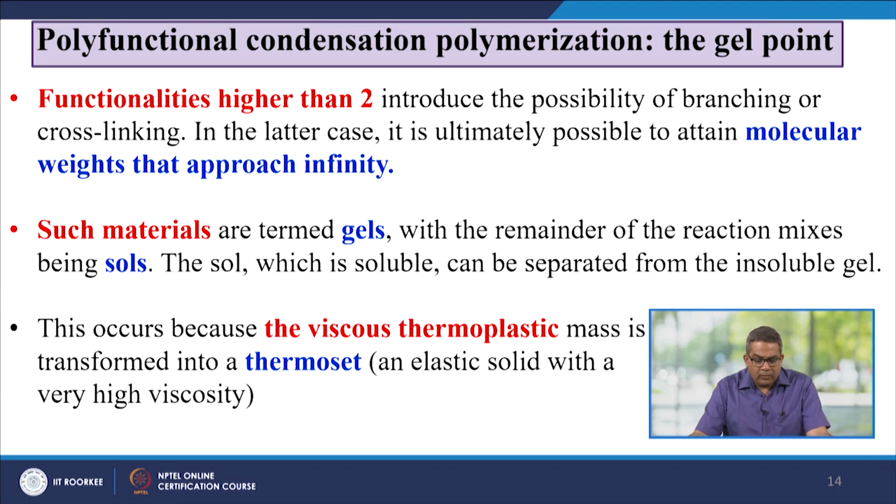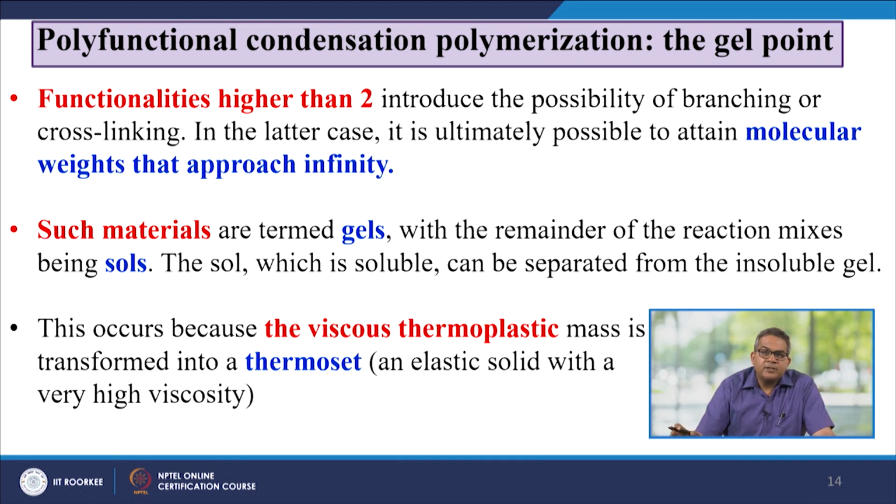Now, when we talk about the gel point, especially in the case of polyfunctional condensation polymerization, a functionality higher than 2 introduces the possibility of branching or cross-linking. In the latter case, it is ultimately possible to attain a molecular weight that approaches infinity.